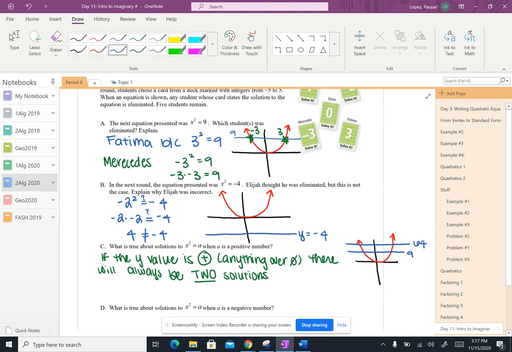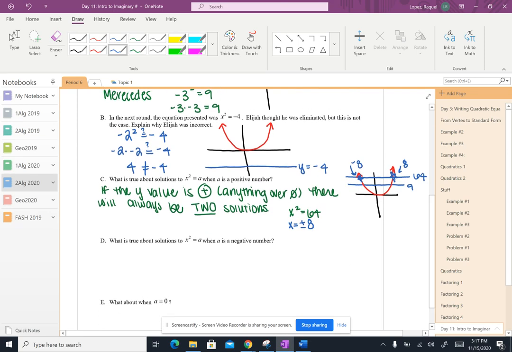If we were trying to find the solutions to x squared equals 64, I know that if I put 8 in for x, that gives me one of my solutions. So one solution would be 8, and the other solution would be -8. So x would equal positive or negative 8.